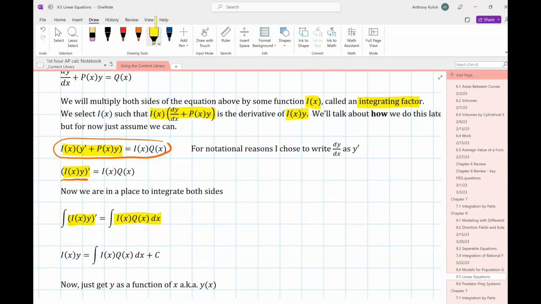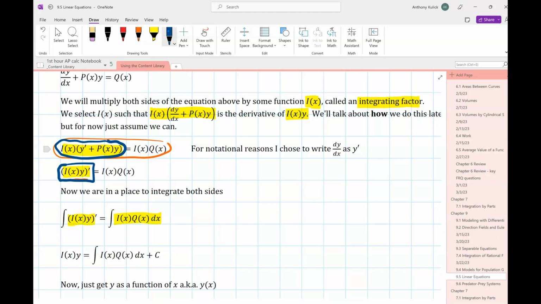Correct. So when we find our I of x, which we haven't talked about how to do yet, that I of x is going to be such that the left-hand side is the result of a product rule derivative of I of x times y. So that's the derivative of that product rule, and that's what the notation there is saying.